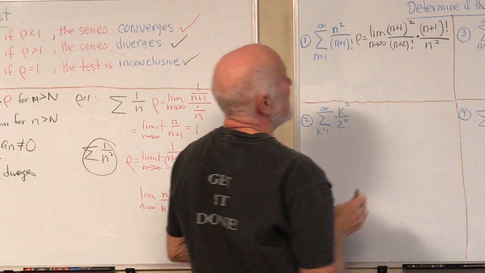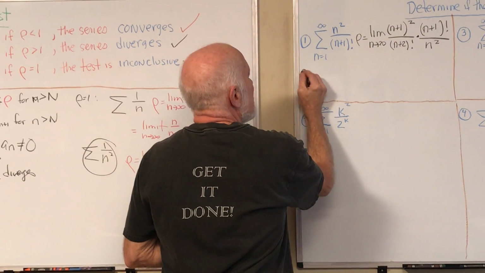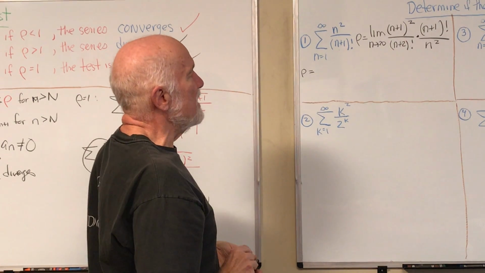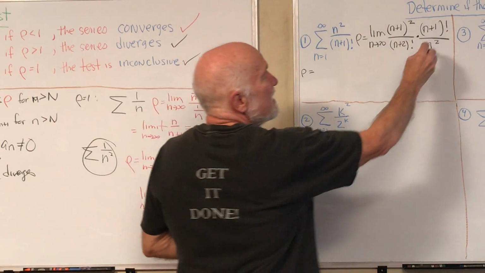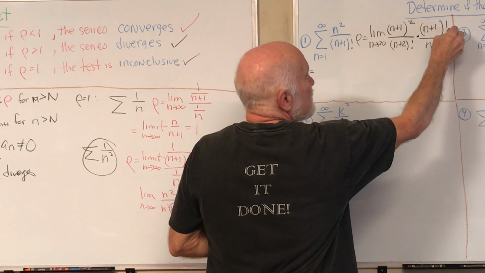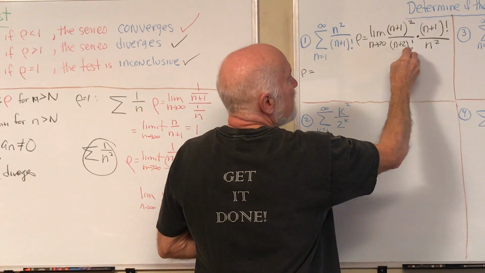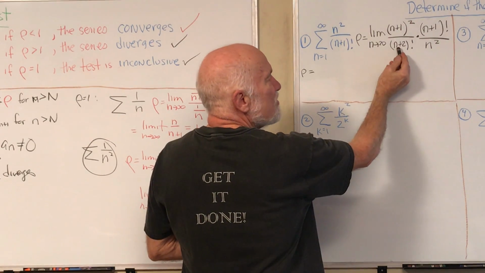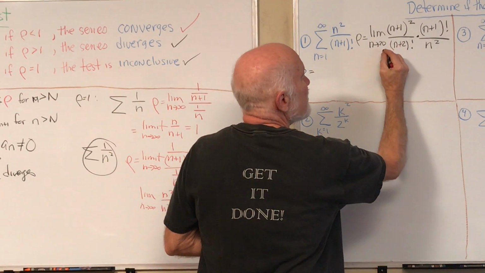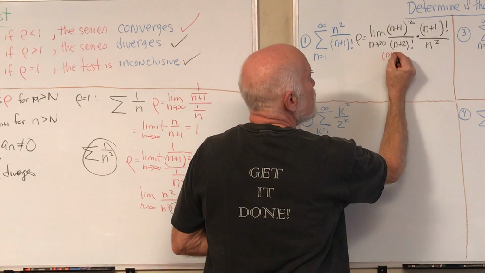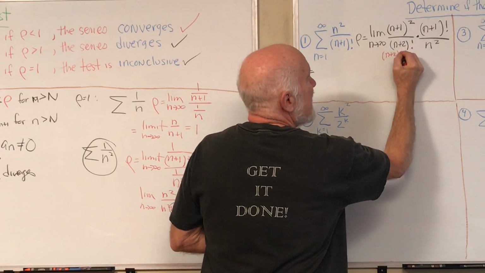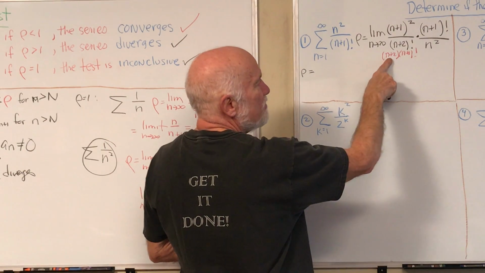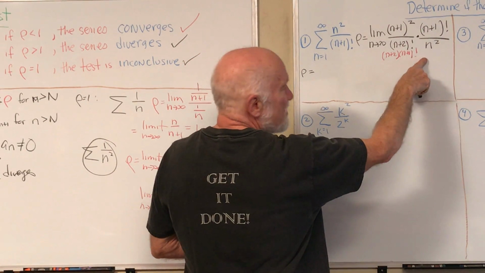and you're first looking and saying, no way am I ever going to be able to do that limit. It looks too complicated. But nice things happen. n plus 1 factorial over n plus 2 factorial. n plus 2 factorial is really just n plus 2 times n plus 1 factorial. It's n plus 2 times n plus 1 times n.